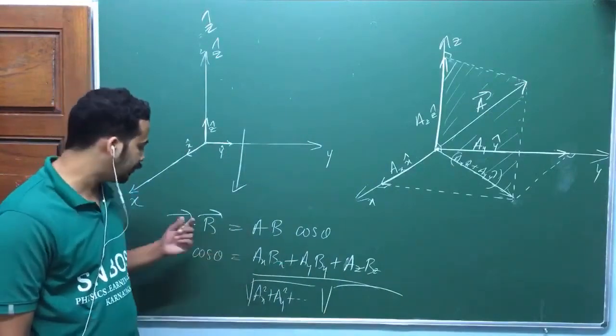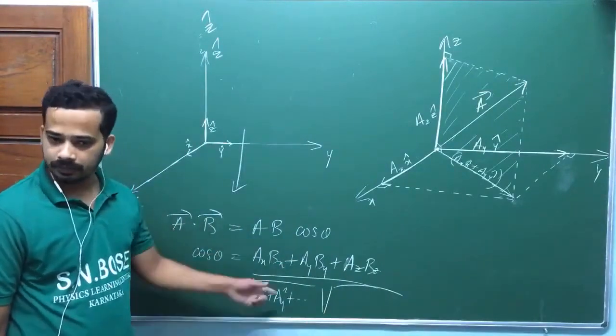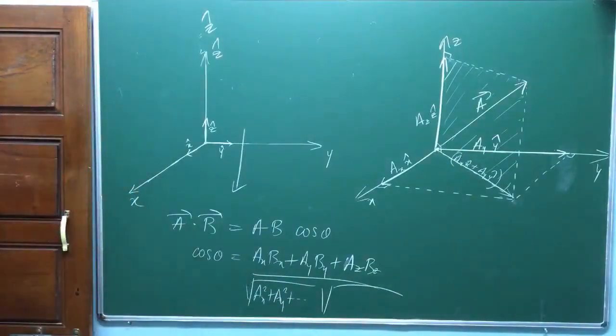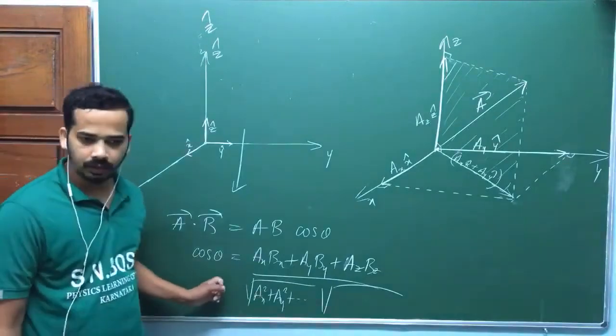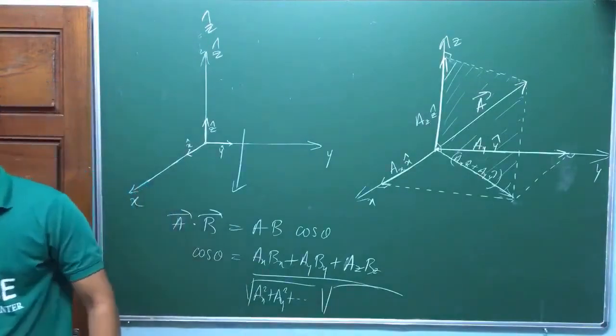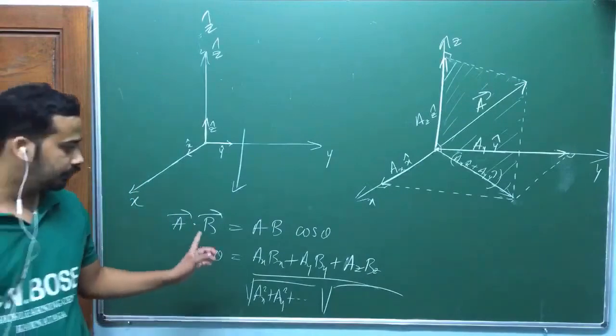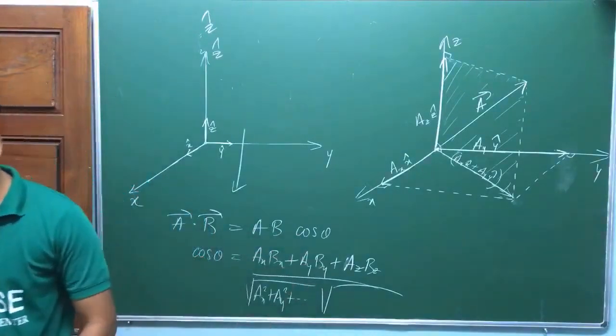If you know the components of a vector, you can find the angle between them. So there is one problem. Let me upload that problem after this class. Solve that one: finding the angle between the vectors. First define the vectors properly in component form, then try to find the angle between them.